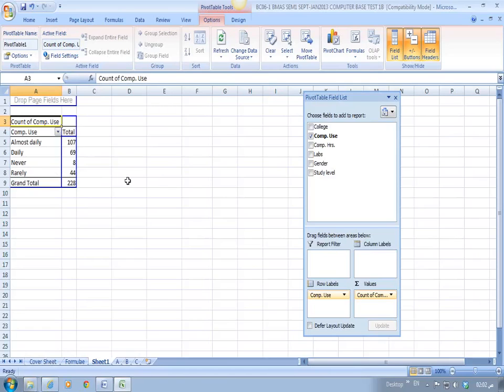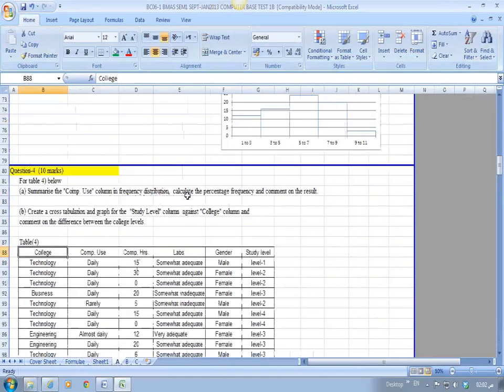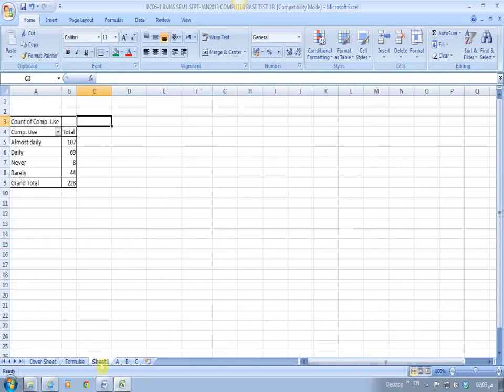After that, in the same question, you are asked to calculate the percent frequency. So here we write percent frequency. The percent frequency is to divide the frequency by the total. It means that for the first one I divide 107 by 228, and then 69 by 228, and 8, and so on.